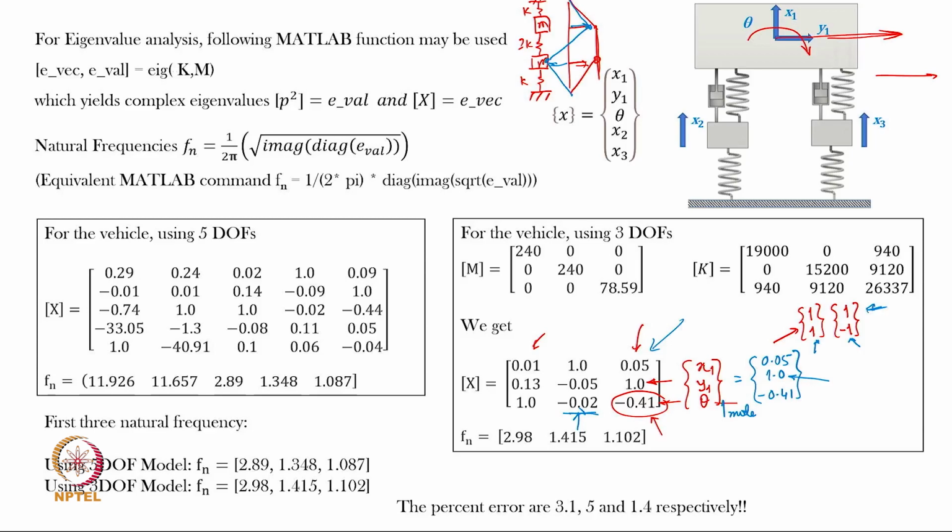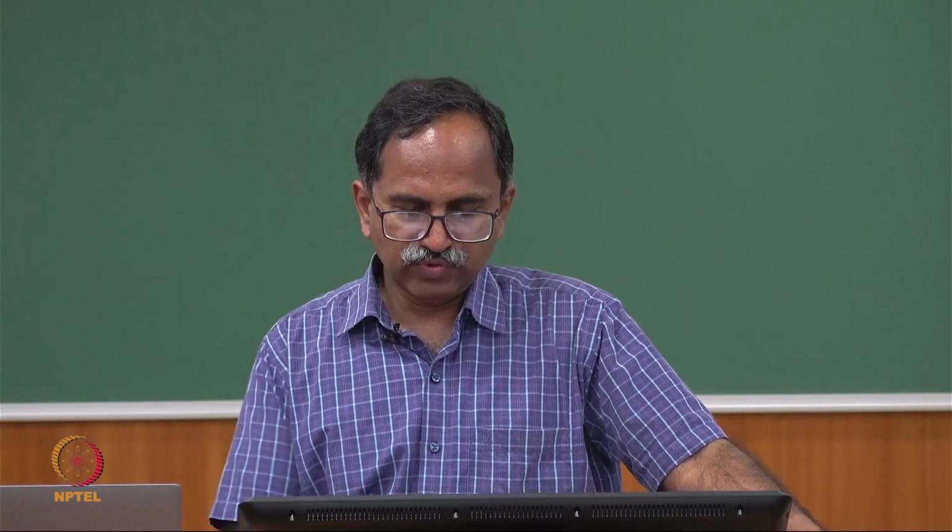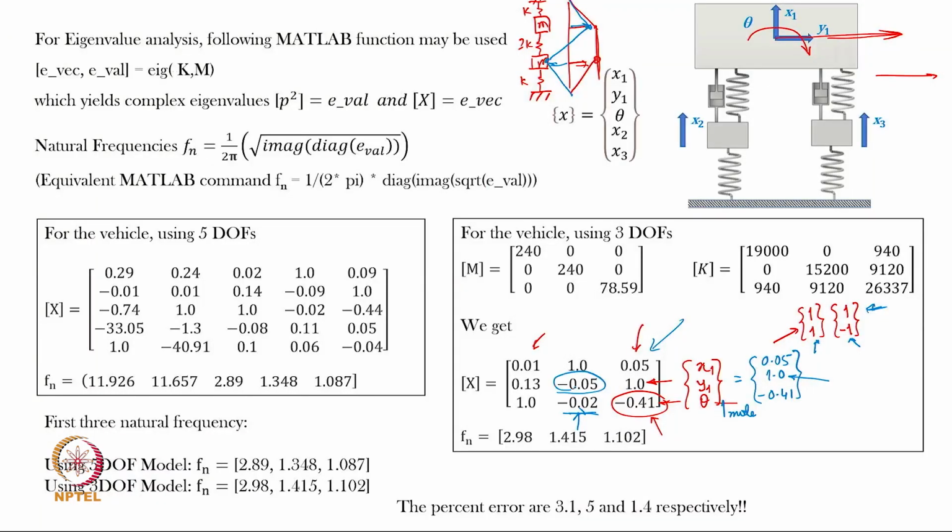If it is 1 unit amplitude, there is a little bit of a tilt in the clockwise sense that is happening. 0.02 represents the theta value. Okay, and at the same time, because theta is coupled with y1, okay, the pitch motion is coupled to the surge motion. So, you will have some horizontal motion also taking place in this case.